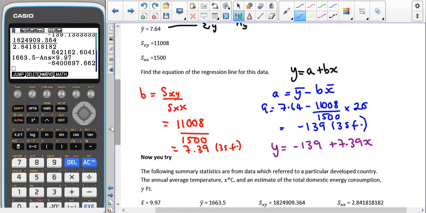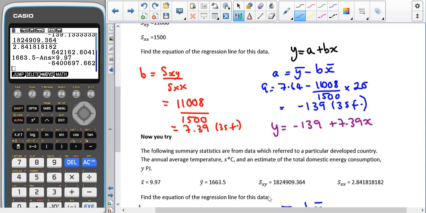Okay, so hopefully you've tried the Now You Try now. Again, this is a great example as to why they probably wouldn't ask us to do this in a question. The SXY and the SXX are very long. Just typing one digit wrong into your calculator gives you the wrong answer. So it's more likely that you'll be given the data. However, if we are given the summary statistics, we need to know how to handle this.